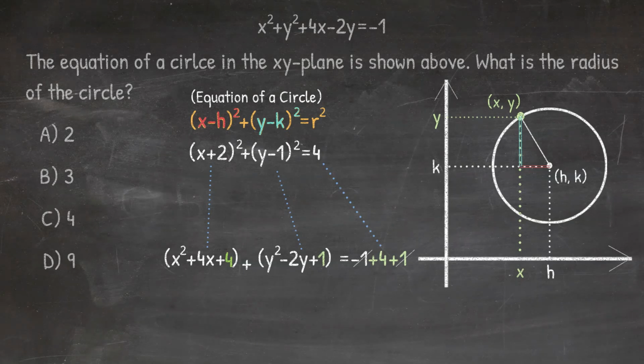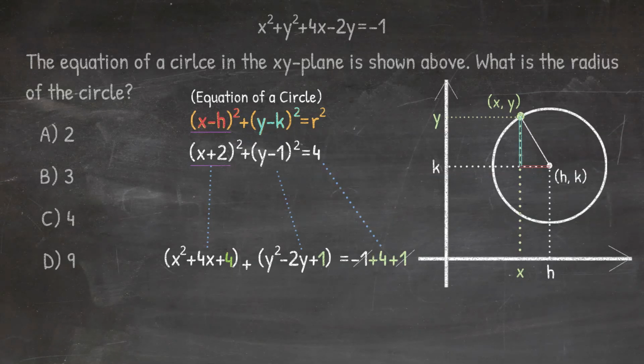Now we have arrived at the form that is very much like the equation of a circle. And even though x plus 2 looks slightly different from the x minus h form, you should not forget that x plus 2 could also be written as x minus negative 2. So it is actually pretty equivalent.